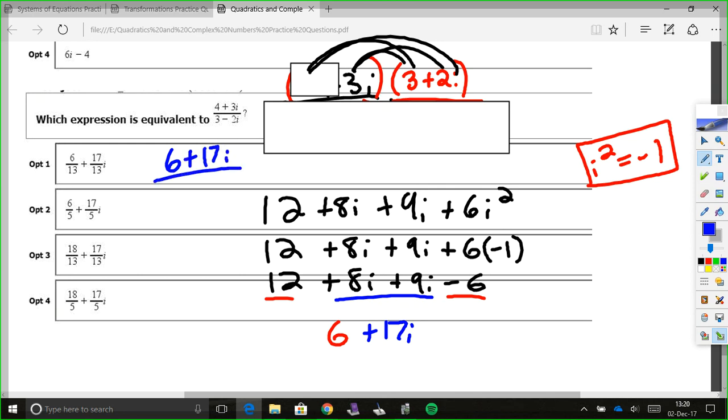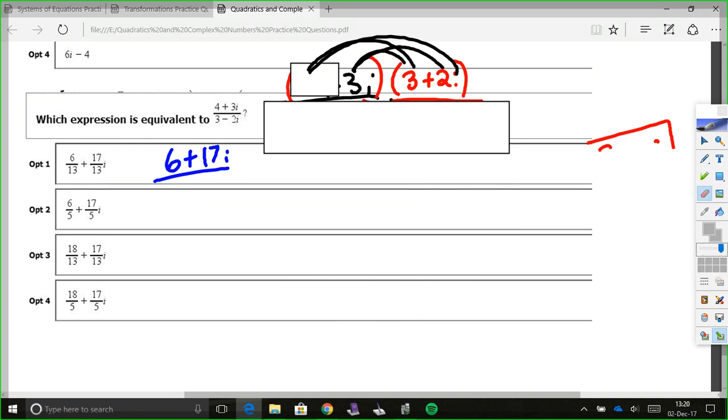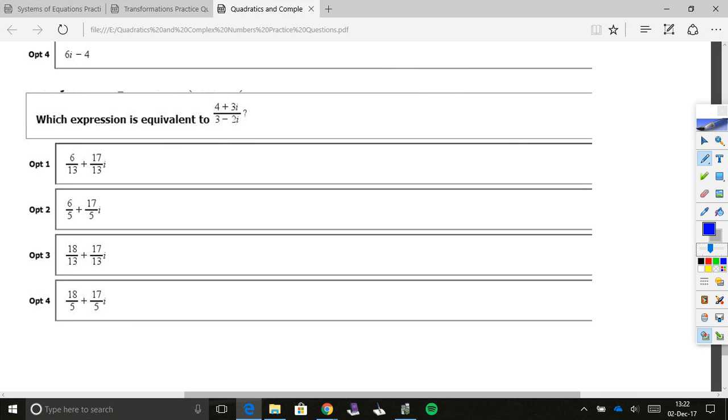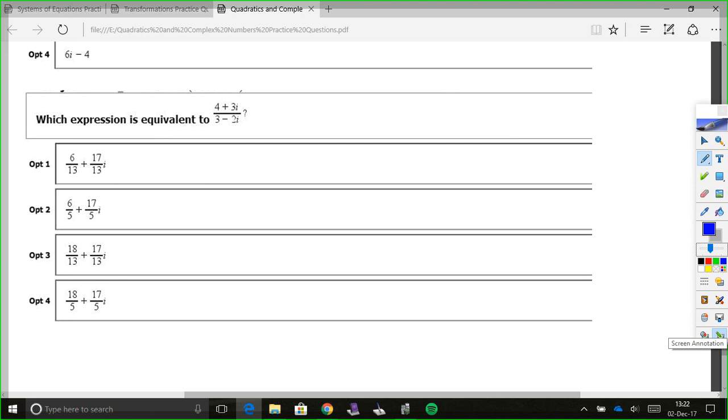Now let's use the denominator. Let's put what we had: 6 plus 17i was our numerator.